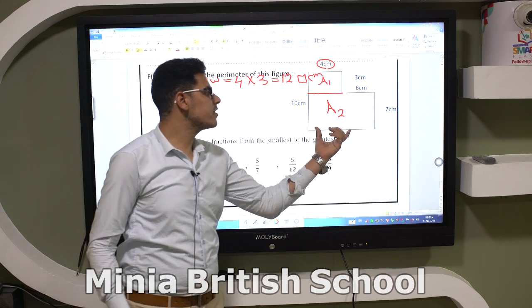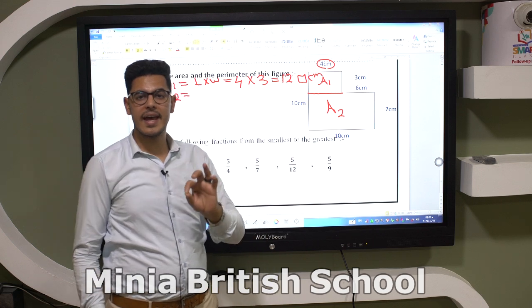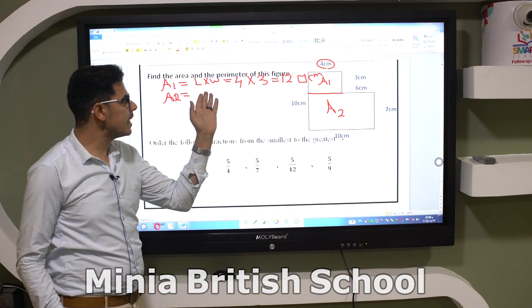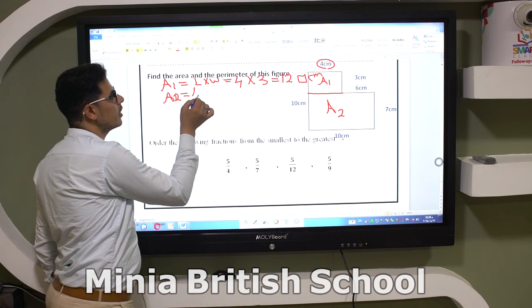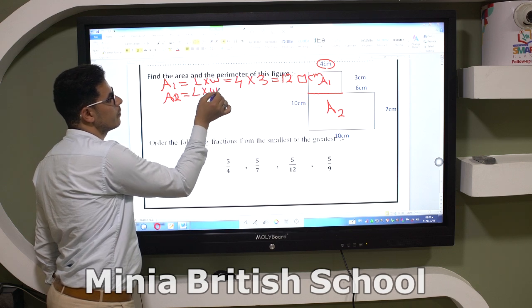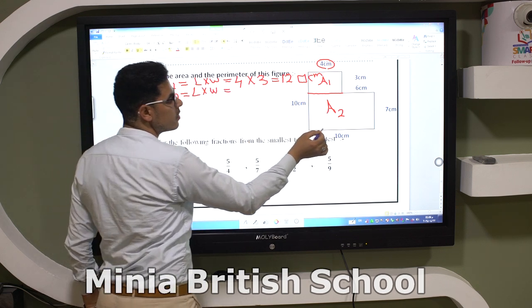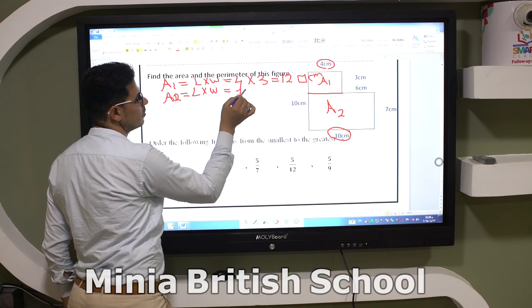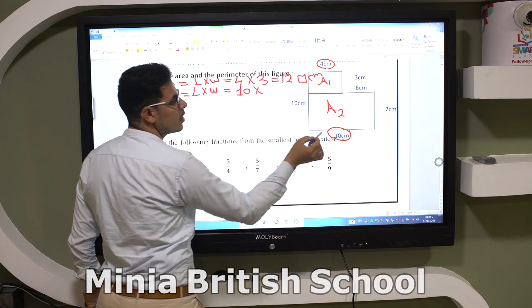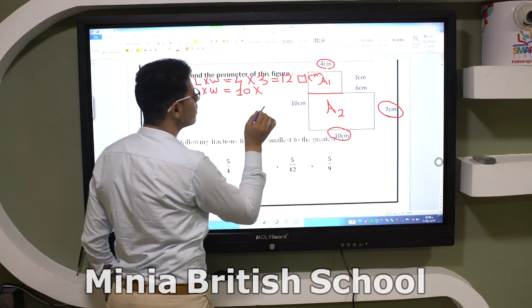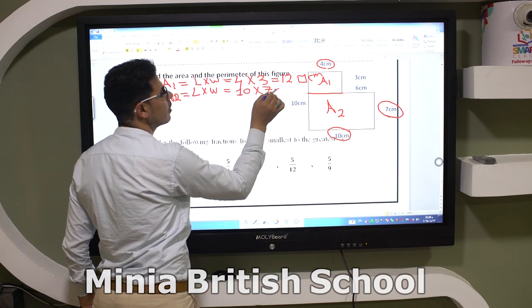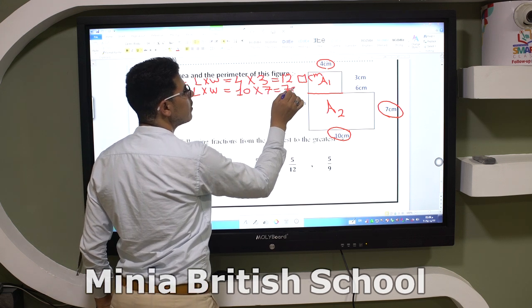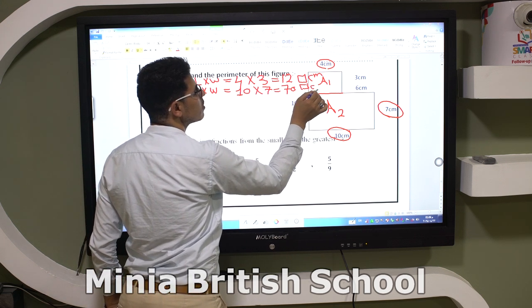Let's see the next shape. Here this shape is also a rectangle, so it will be the same rule. The area of a rectangle equals length times width. The length here will be 10 times the width, which is 7. So the area will be 70 square centimeters.